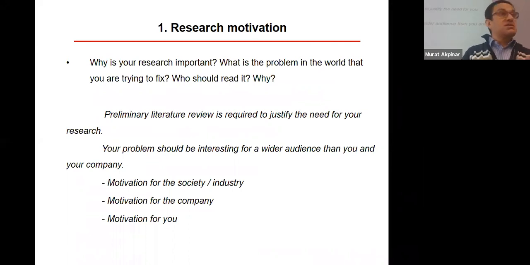There can be some statistics, some articles in a newspaper. So we are talking about, for example, climate change. We may be talking about Industry 4.0, the digital revolution.